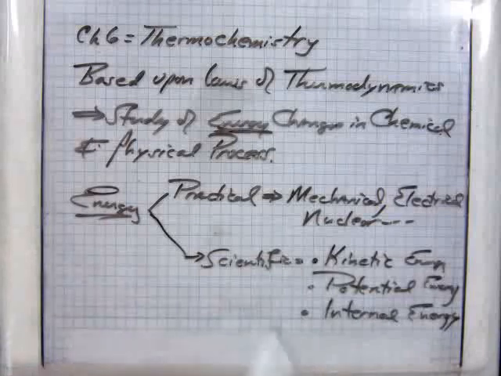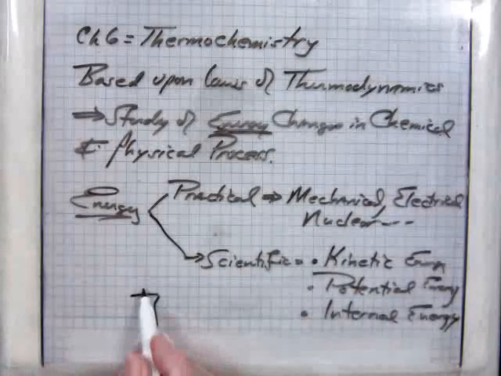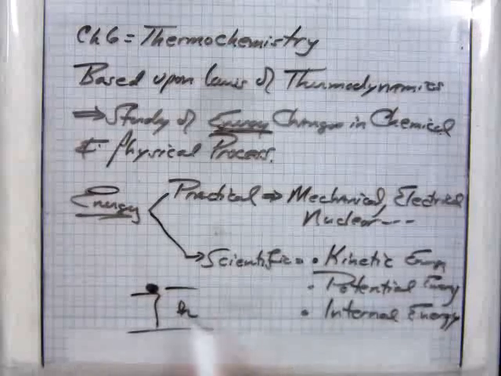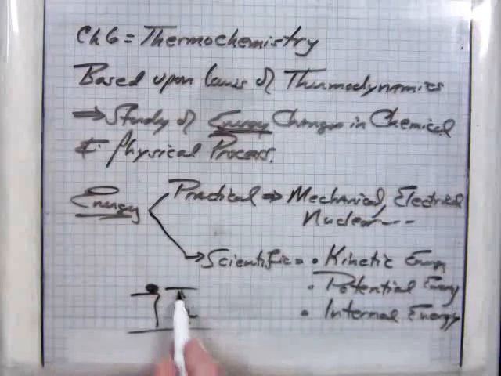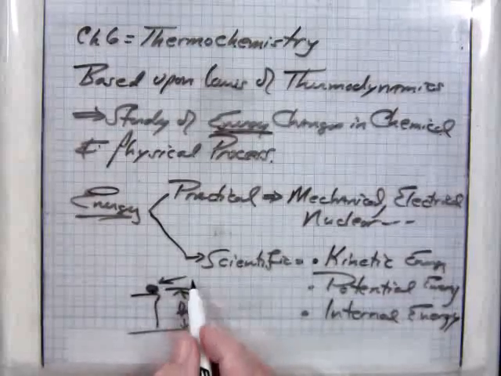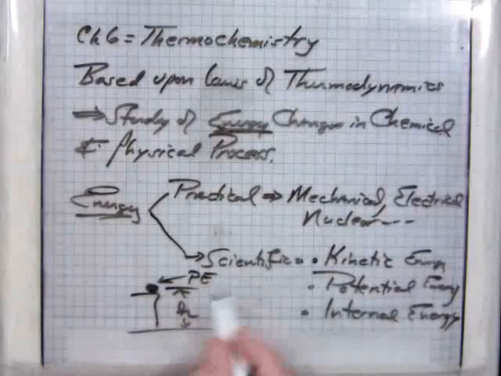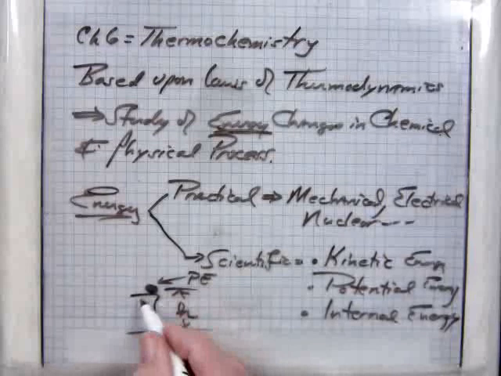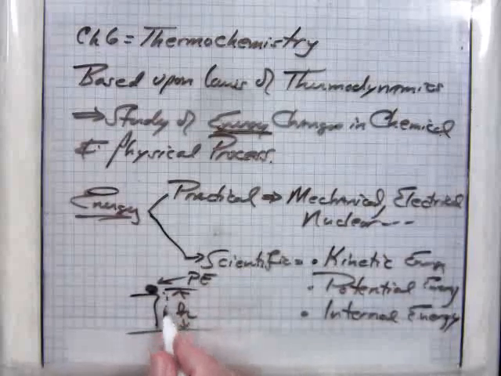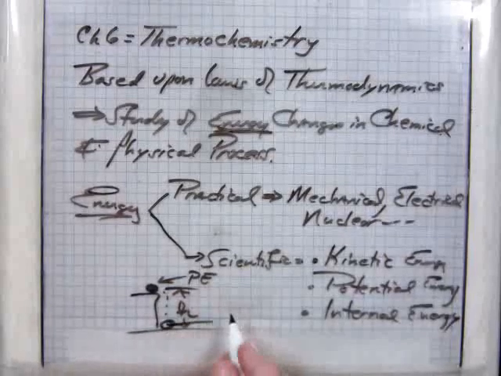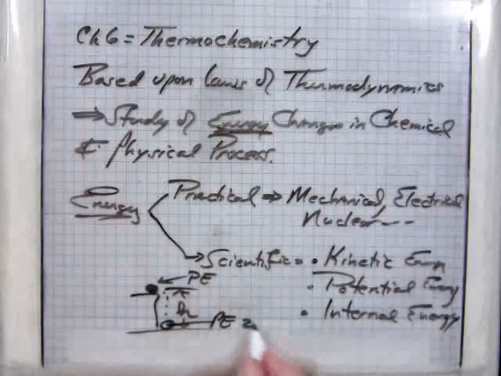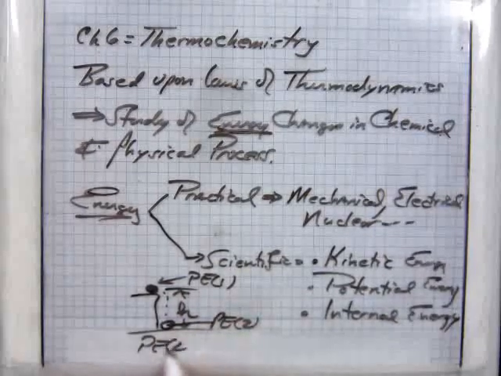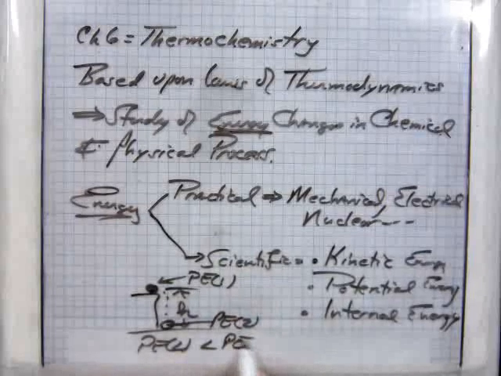Potential energy is stored energy, a positional energy is what I call it. If we have an object on an elevated platform at some height above the ground, this would have a potential energy, say potential energy 1. If it were to drop to the lower level, that would be potential energy 2, and potential energy 2, of course, is less than potential energy 1.